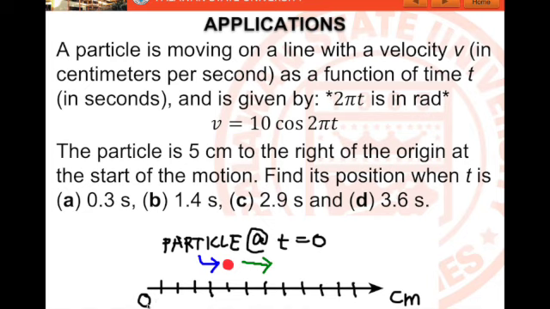Let's say this is the origin and this is the positive x-axis, and the particle is said to be 1, 2, 3, 4, 5 centimeters to the right of the origin at the start of the motion, that is at time equals 0. I hope you can follow.